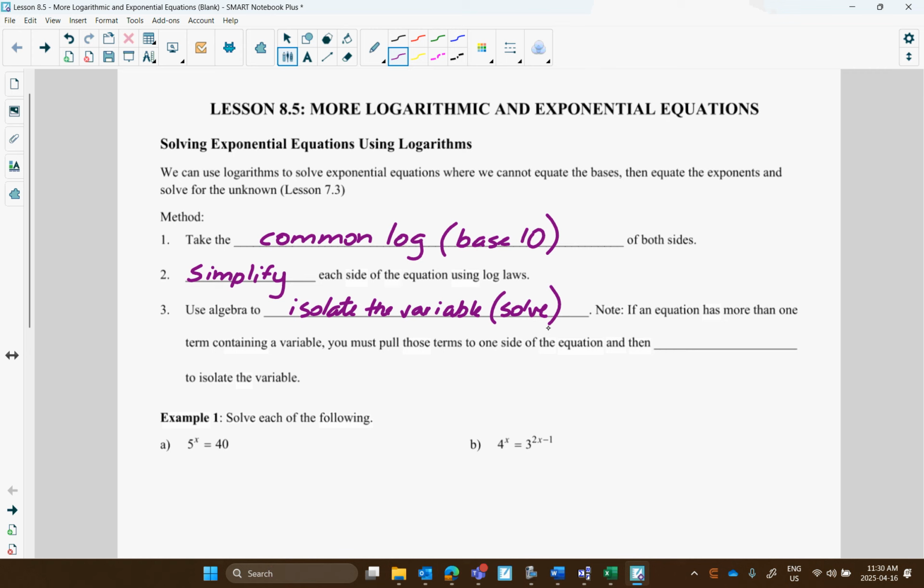However, when we take the logs of both sides, we may encounter situations where more than one of the terms has a variable in it. If that's the case, we're going to have to GCF factor, and you'll see that when we do some examples.